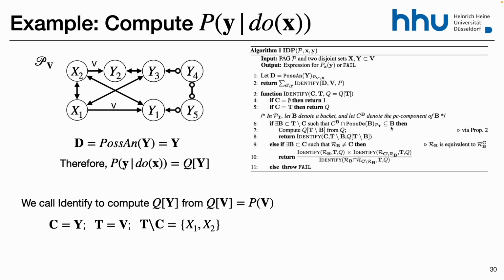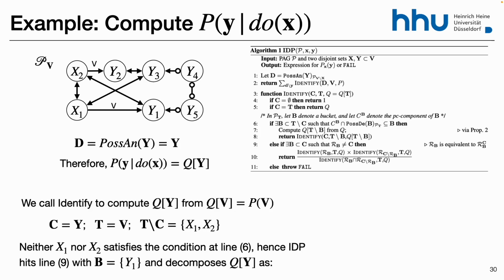It's a B that is contained in T minus C, and T minus C includes X1 and X2. So I need a bucket in X1 and X2 which satisfies this one.